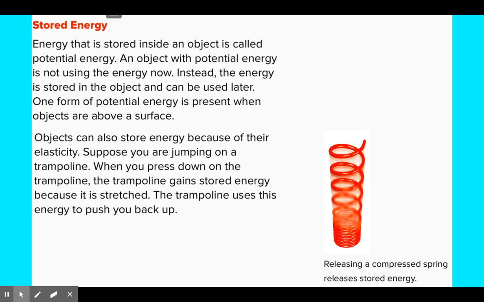And as soon as it pushes you back up, that potential energy is converted into kinetic energy. That means the compressed spring is releasing its stored energy. That means the potential energy is transferred into kinetic energy.